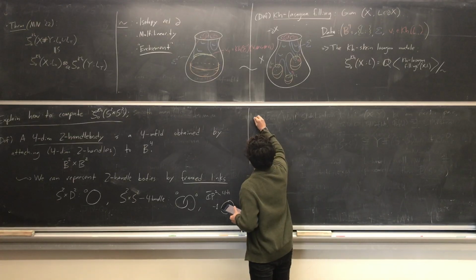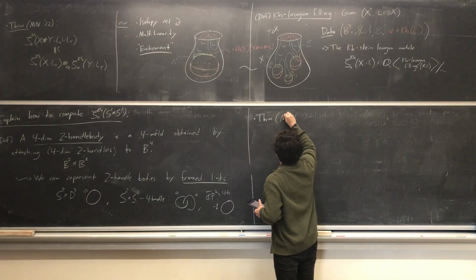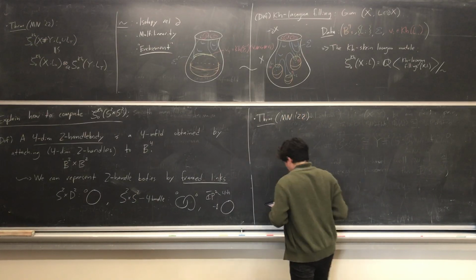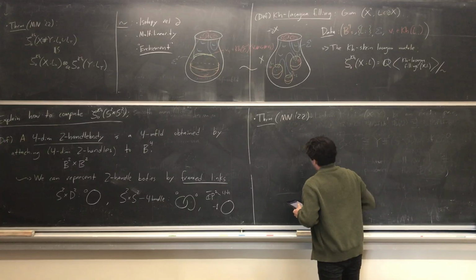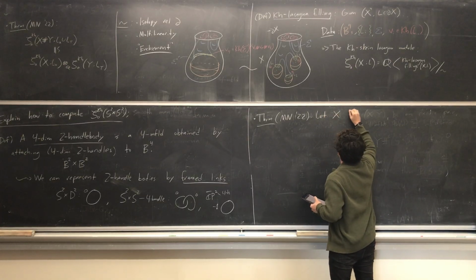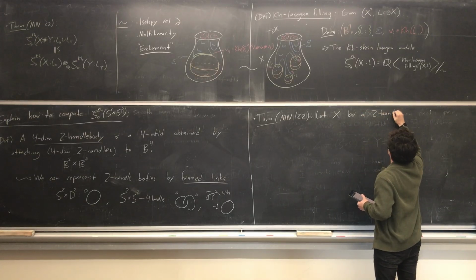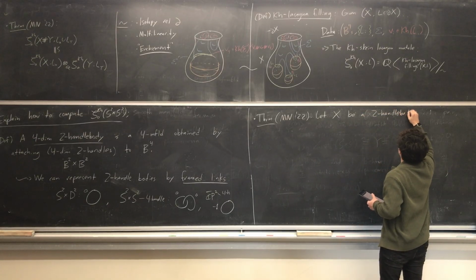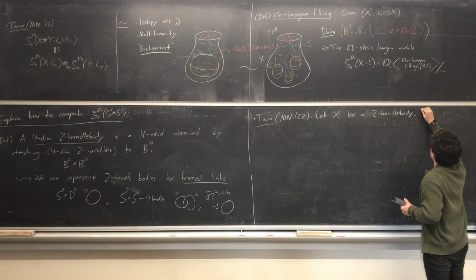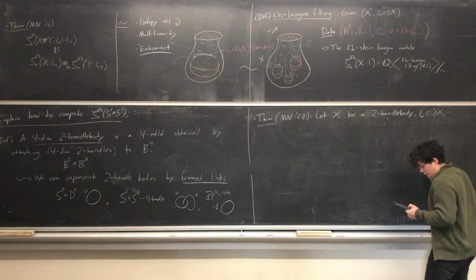Okay, so this is another theorem of Manolescu and Neithalath from 2022. All right, so let X be a two-handle body. Let's say L, some link in the boundary.